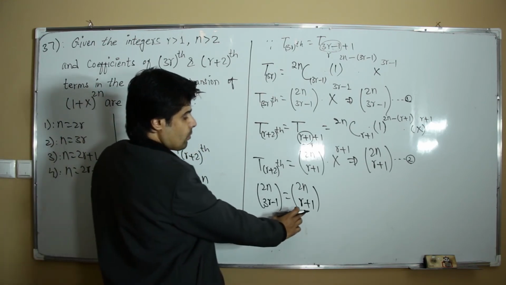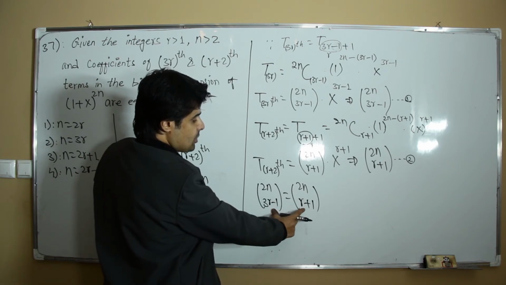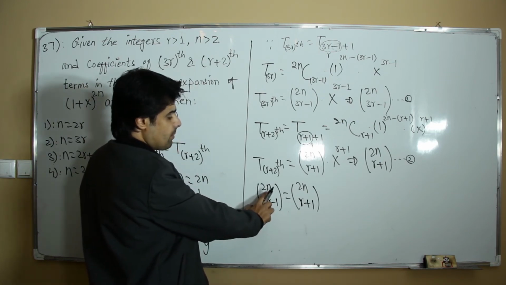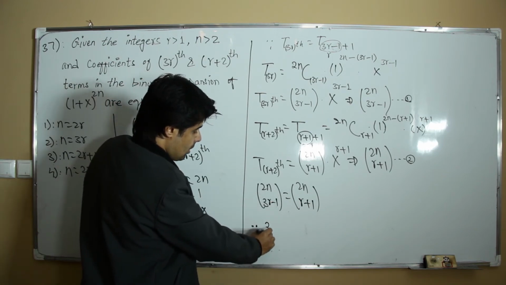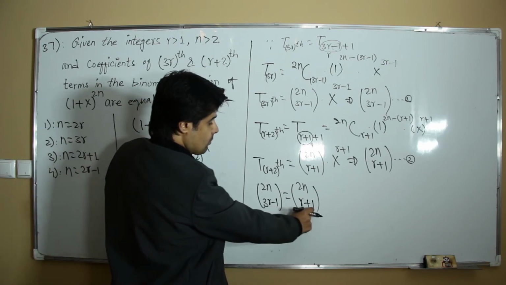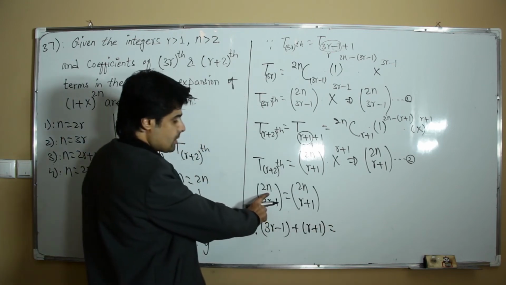Now you know this equation. If these are same, the summation of these two should be this number. I mean 3r minus 1 plus r plus 1 should be same with this one.